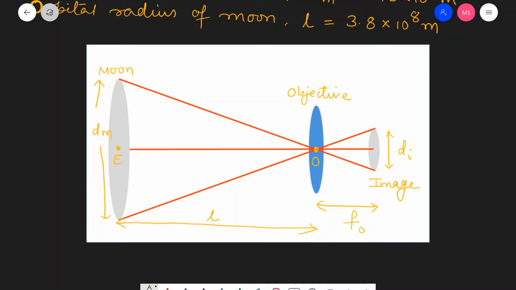Clearly from this figure we can say that if the angle made by the moon with the objective is alpha, then the angle made by the image with objective will also be alpha. So in this case we can say that dm over L will be equal to di over Fo.